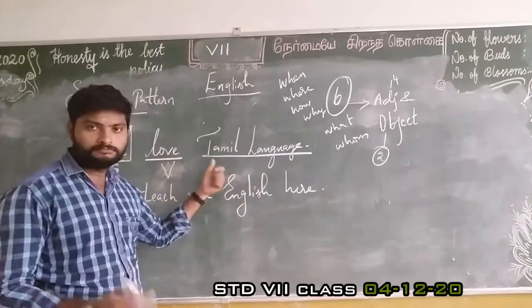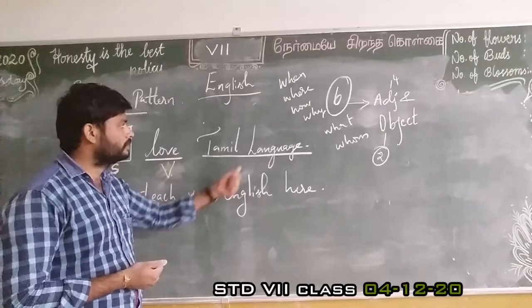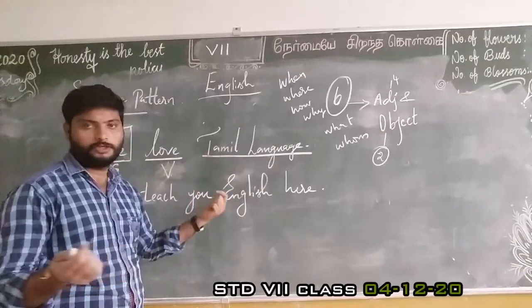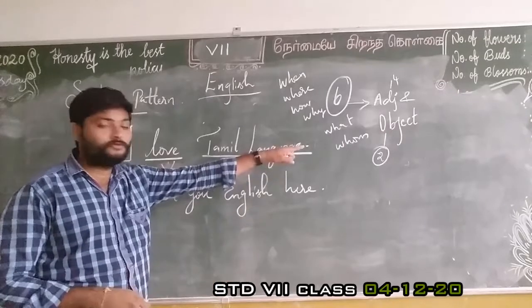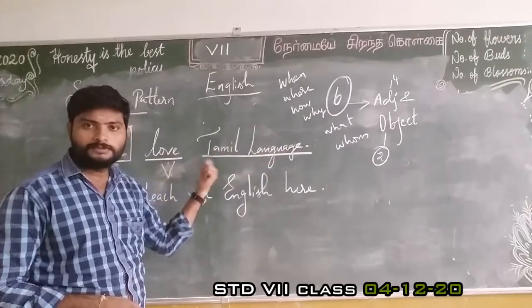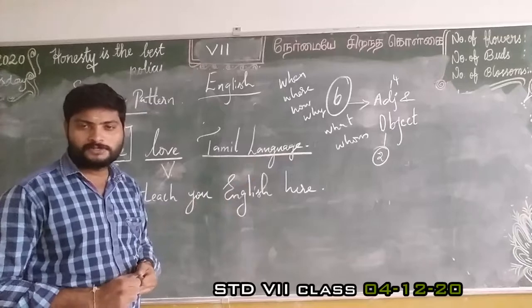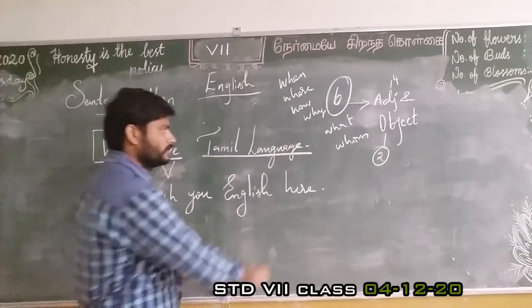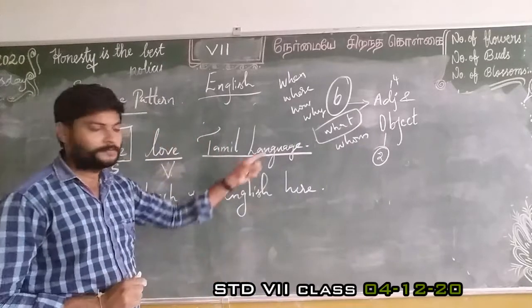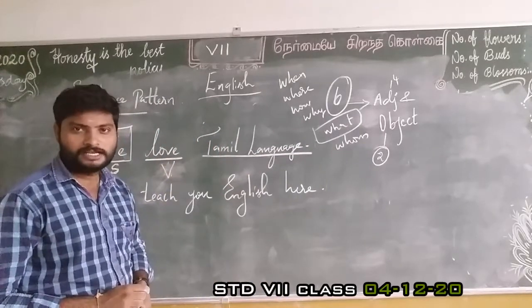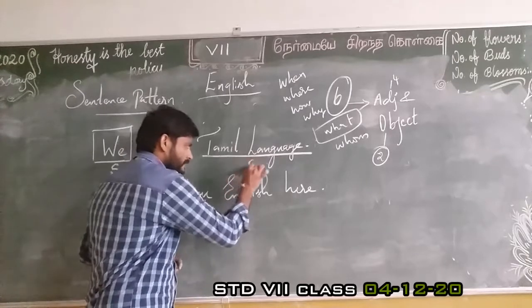Where we love, we don't have any answer. How we love, no answer. Why we love, no answer. What do we love? Tamil language. So we have the answer for the question what. So it is object.